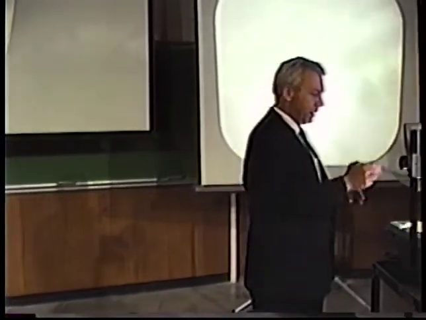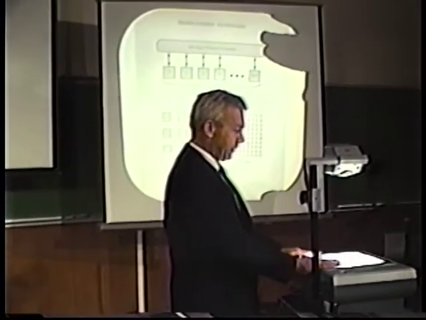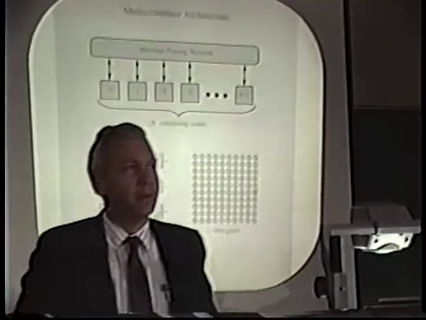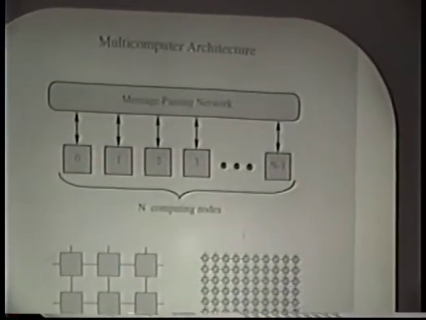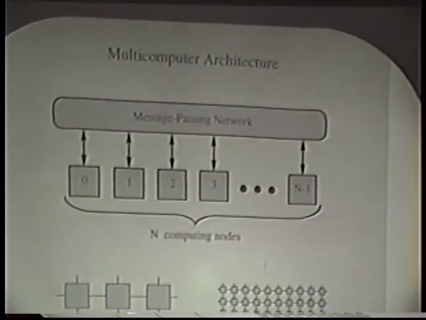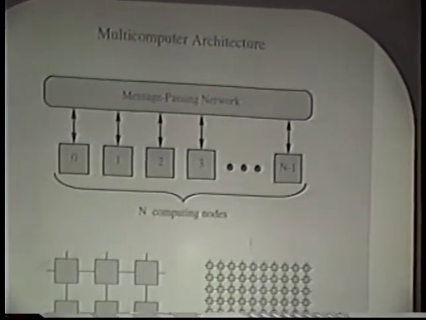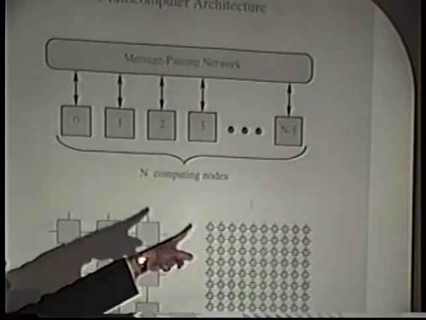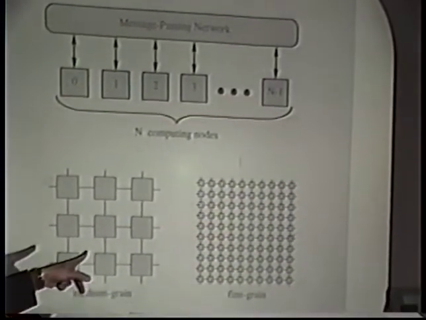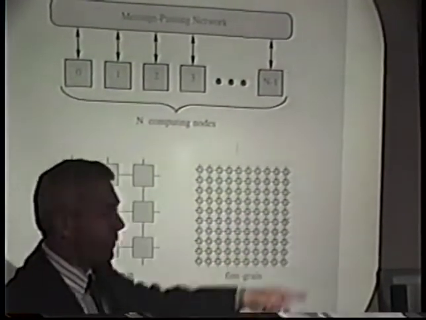Well, if you gave me some amount of silicon, like, say, a square meter, I might cut it up and make 9 little computers out of it, connected in a network like this. Or I might cut it up into much, much smaller pieces.